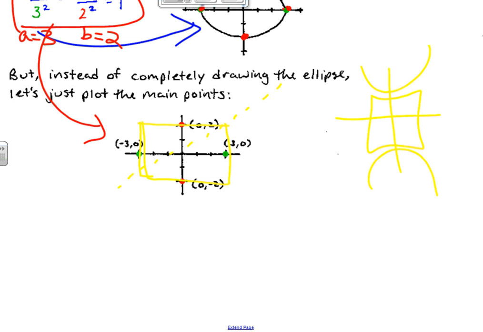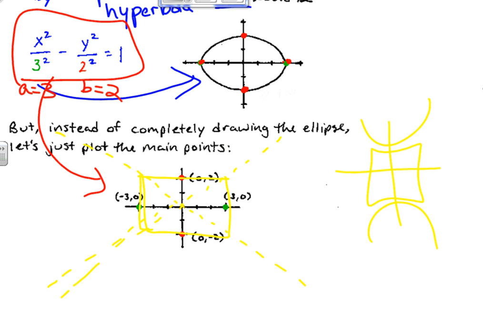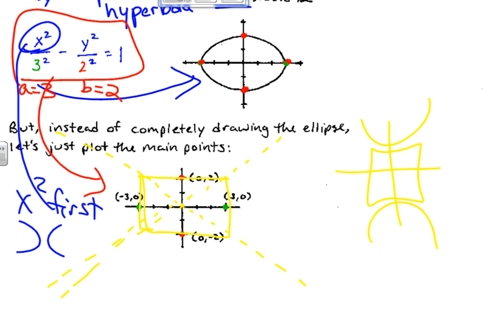So one asymptote is going to go kind of like that. I kind of missed exactly the corner of the box and the origin. And then corner of the box, origin, corner of the box, and it looks kind of like that. Then, since this one, I'll go back up to it a second. Since this one had x squared first, I'll put x squared first. Then it's going to go like that.